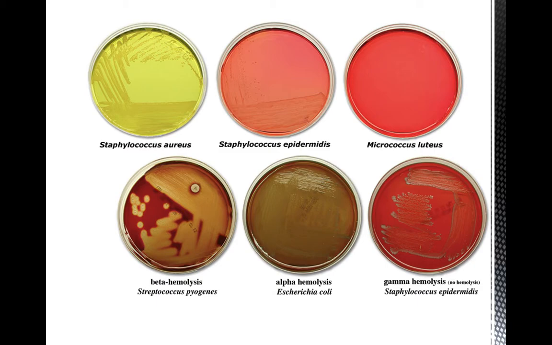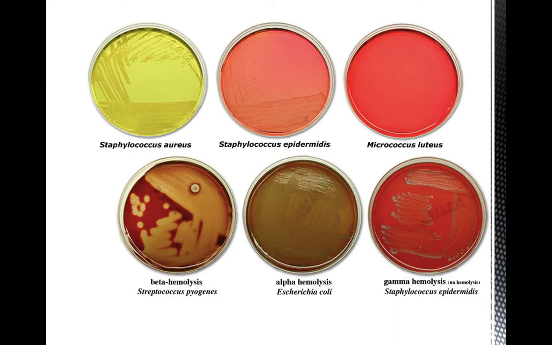MSA has a special carbohydrate called mannitol that serves as the major carbon source if you grow microbes on the surface of an MSA plate. It also contains a pH indicator, phenol red.